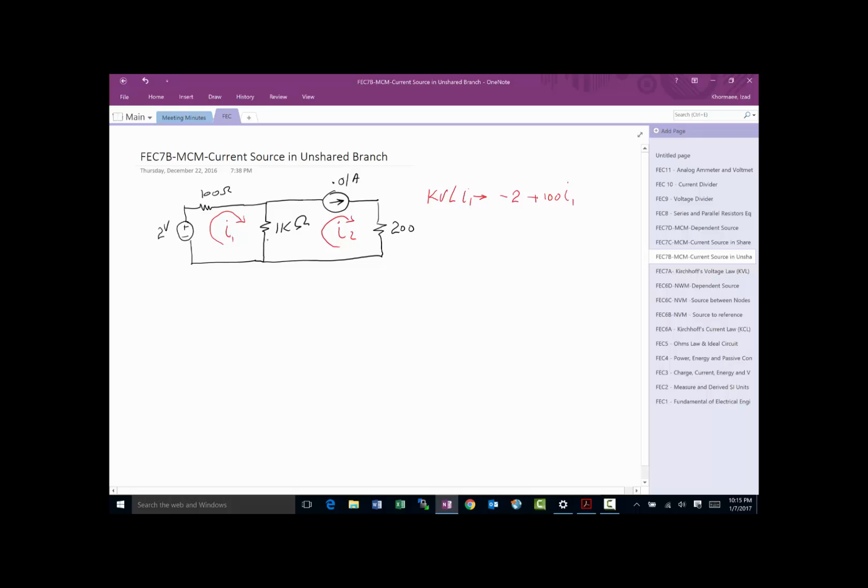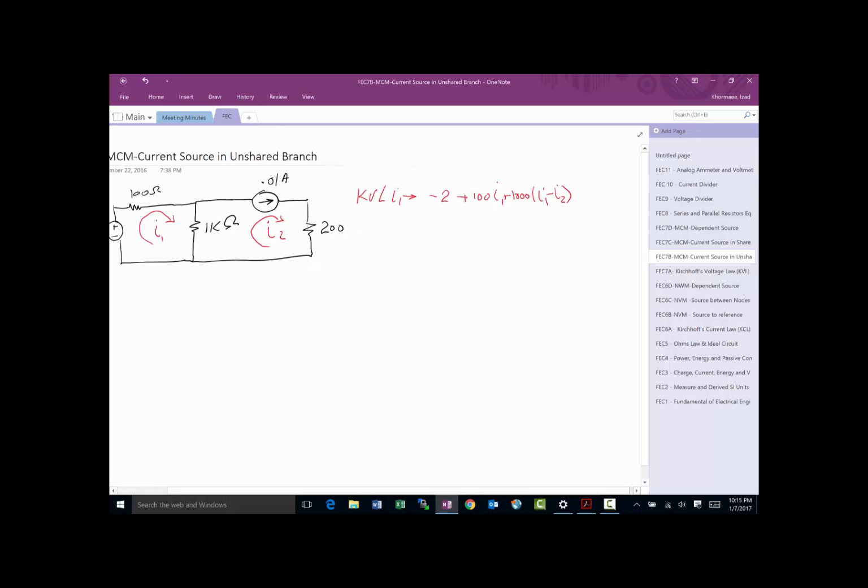When we get to the 1K, we will write it as 1000. Notice how I'm converting everything to ohms, so there is no issue with the wrong units. Since we are in loop 1, it's going to be I1 minus I2, equal to 0.